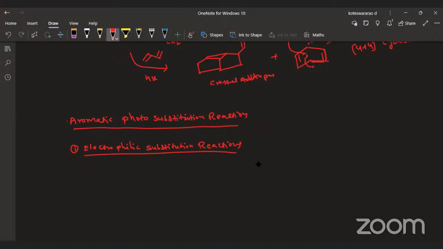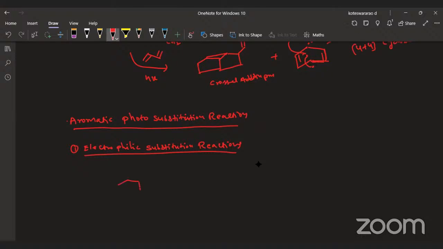Generally, these electrophilic substitution reactions are observed when the pi-pi star excited aromatic substances get quenched by the quencher. If it is in an electrophilic solution, medium, or solvent, and readily available electrophiles are there, therefore it undergoes electrophilic substitution reaction.